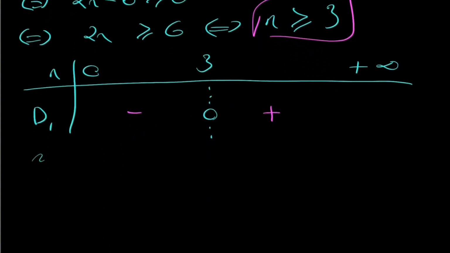Then let's do the difficult part with d2. So d2 is equal to n squared minus 8n plus 1.